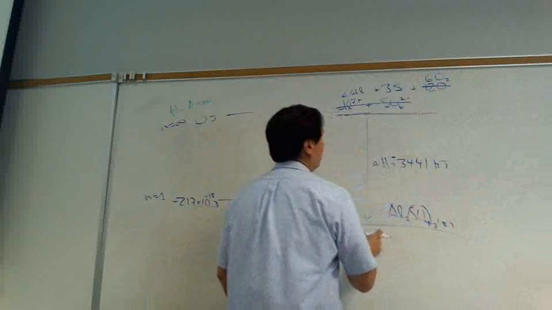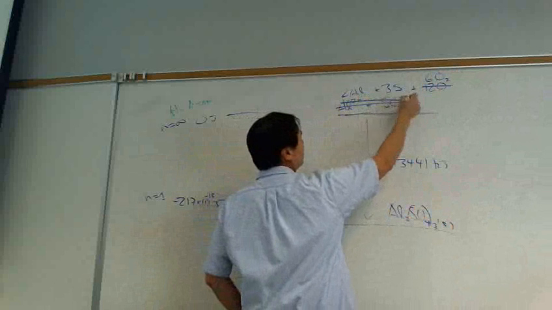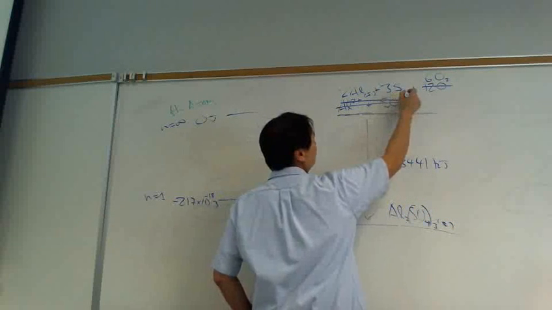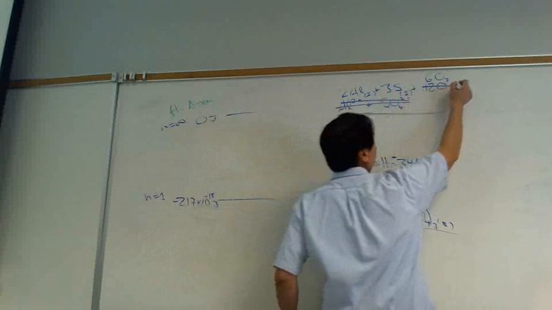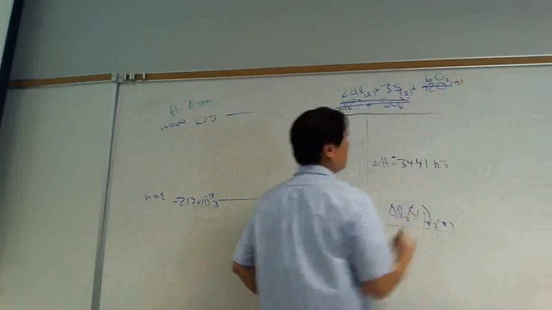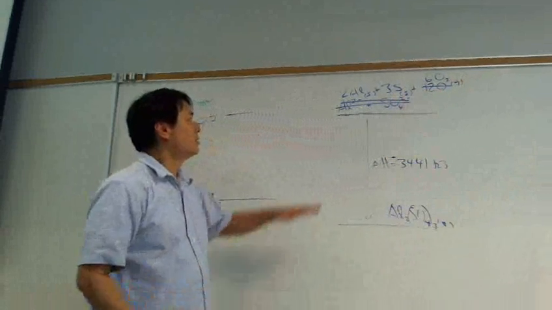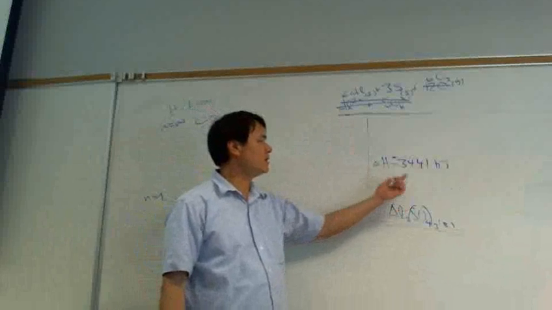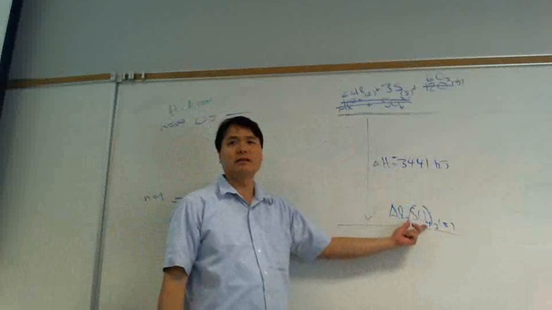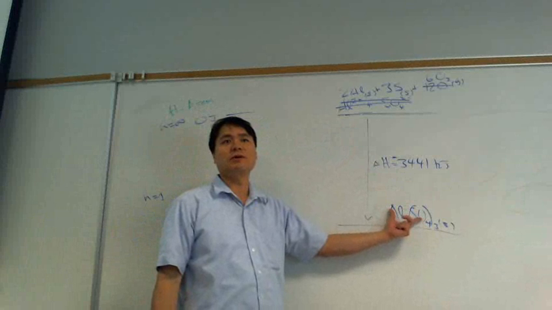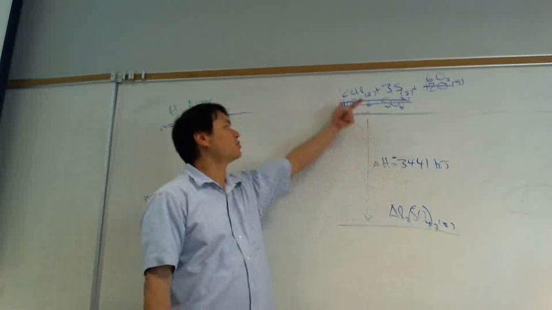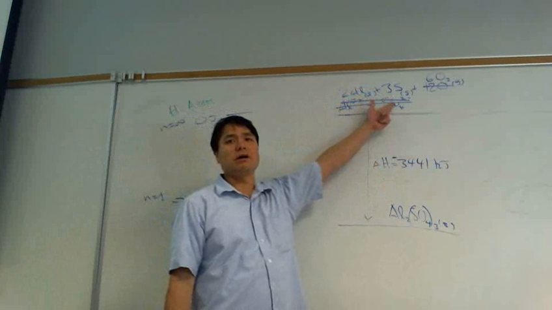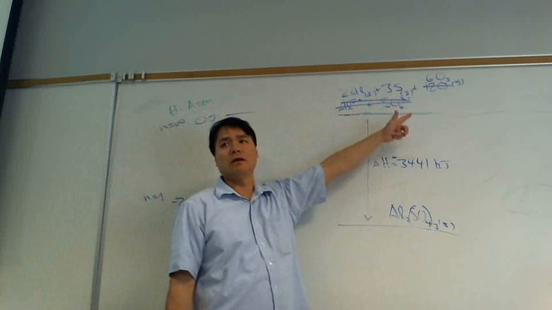And we need the states. What is the state for aluminum? Solid. Sulfur? Solid. And O2? Gas. Yes, those are the stable states under ambient conditions. And so there's a tremendous amount of energy released. What this tells me is that aluminum sulfate is quite a bit more stable than a mixture of aluminum, sulfur, and oxygen.